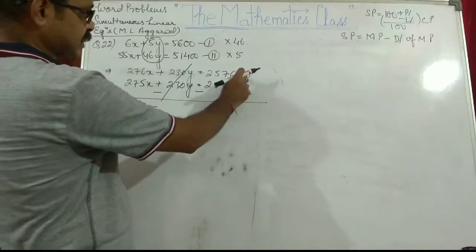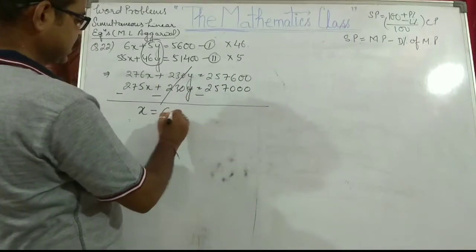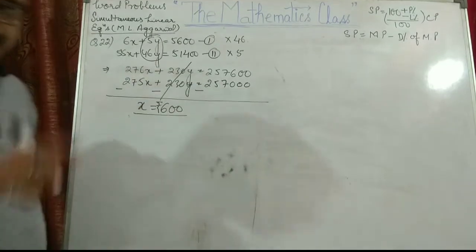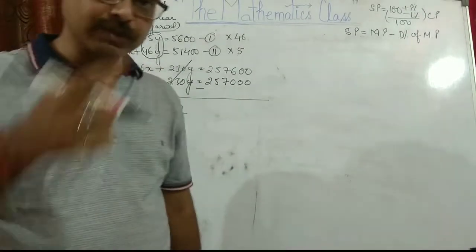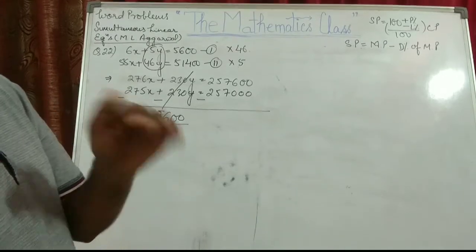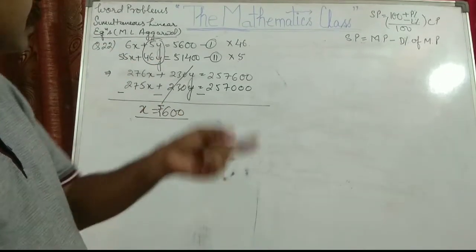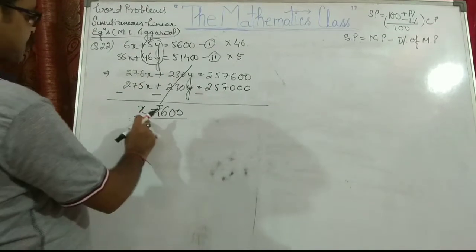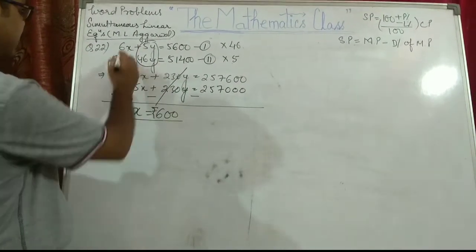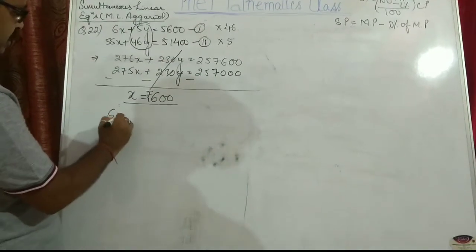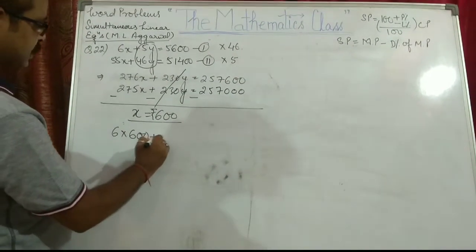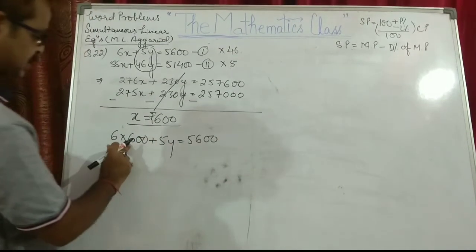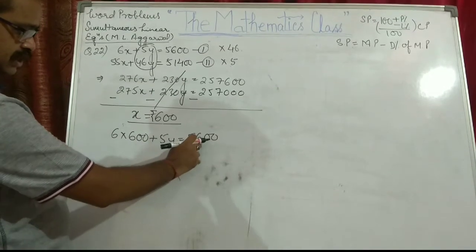Now 257600 minus 257000, it is 600. So 6x is 600 rupees, that is the cost price of the table. You have to find out the cost price of the table, as well as the marked price of the chair. So you can substitute the value of x anywhere. Let's substitute in the first equation. 6 into 600 plus 5y is equal to 5600. 6 sixes are 36. 56 minus 36 is 20.